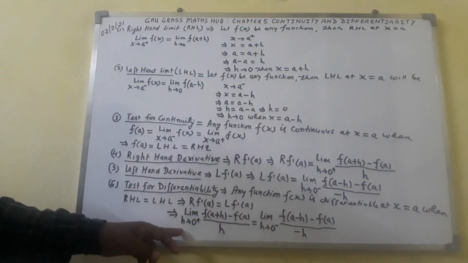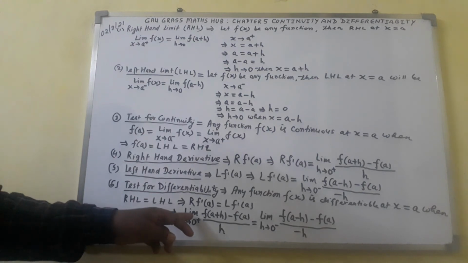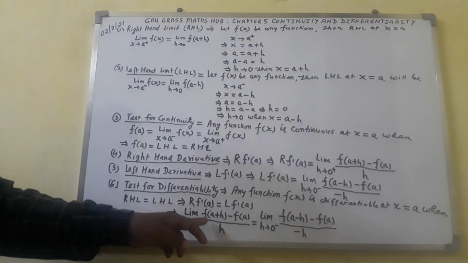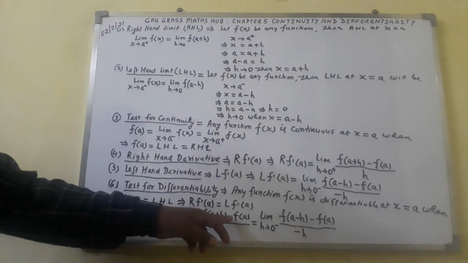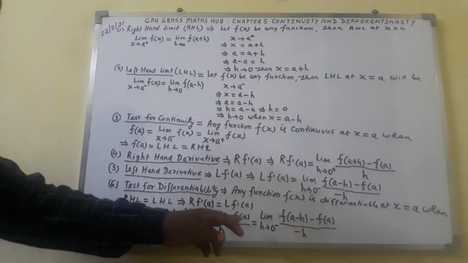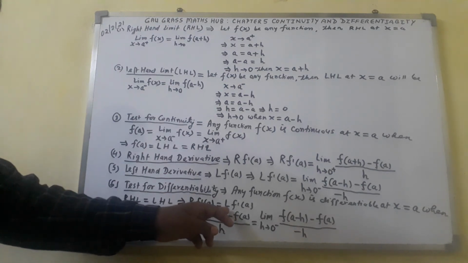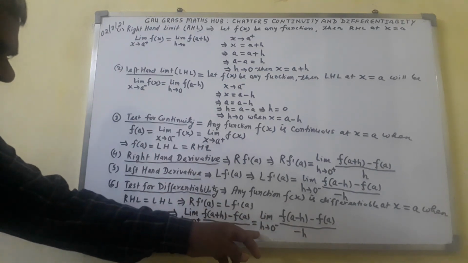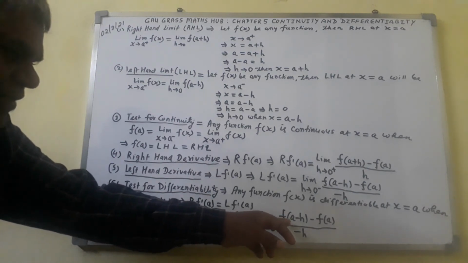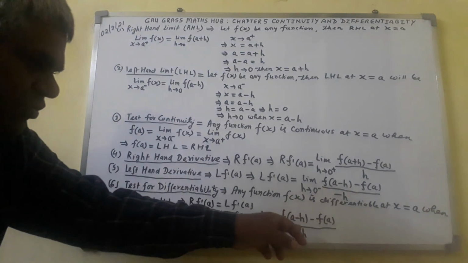This is the right hand derivative: lim h tends 0 positive f of a plus h minus f of a whole over h, equal to the left hand derivative: lim h tends 0 negative f of a minus h minus f of a whole over minus h.